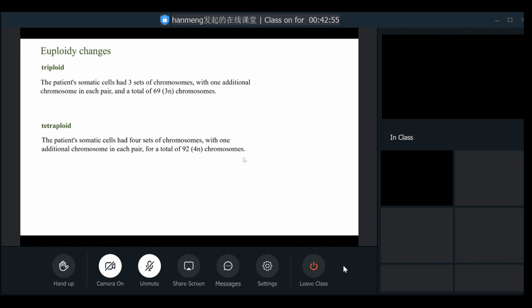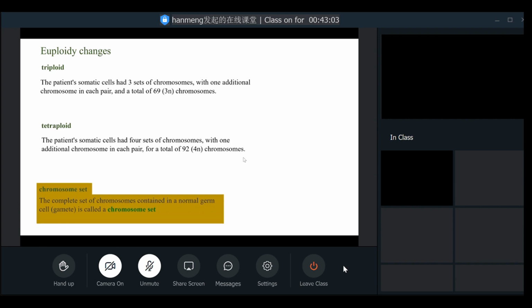Here, we will have a review on the chromosome set. So what is a chromosome set? We learned about the chromosome set in our last class, the chromosome class. The chromosome set means the complete set of chromosomes contained in a normal germ cell, the gamete.